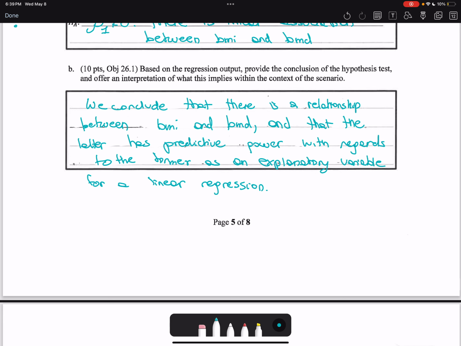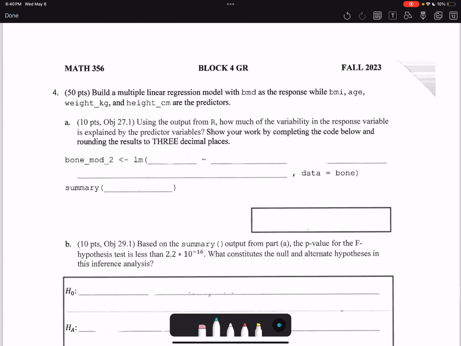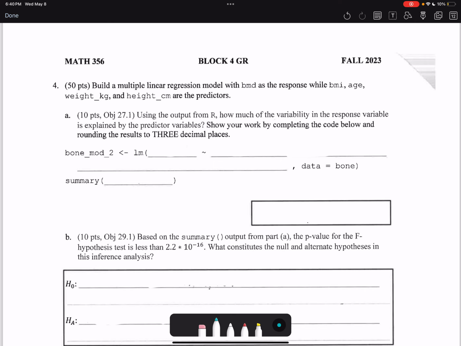And again, I don't claim this to be the best wording or the best way to answer the question. This is how I would personally do it. So just don't think that whatever I say has to be correct.